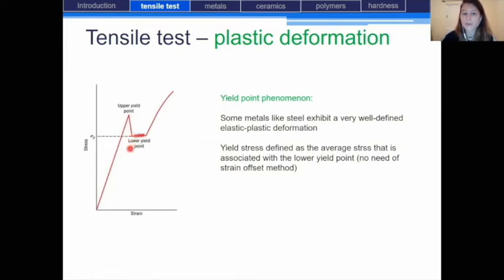In this range of strain, the stress to provoke such deformation remains the same. In that case, we define the yield stress as the average stress associated with the lower yield point, and you don't need to apply the strain offset method that we described in the previous slide.